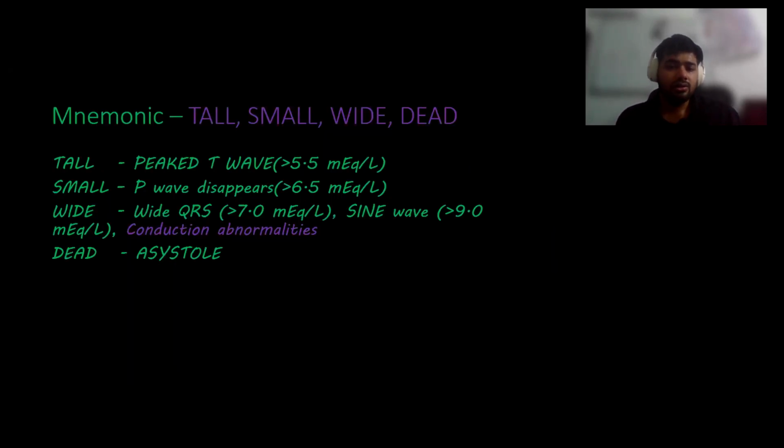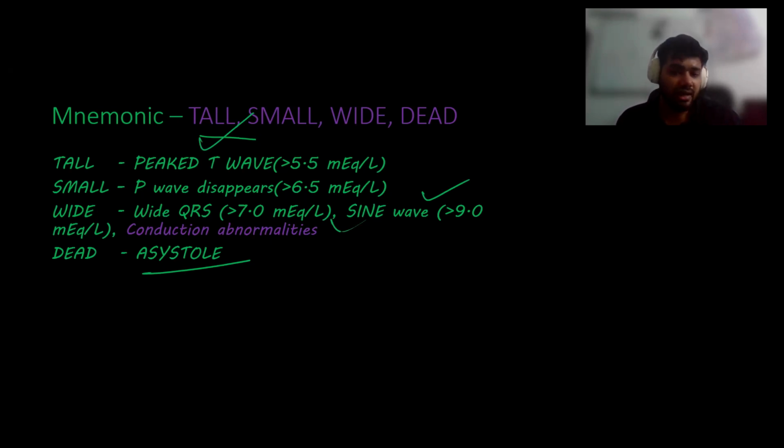Hence, hyperkalemia can cause both brady and tachyarrhythmias. So I have a mnemonic for this: tall, small, wide, and dead. Tall T wave, small P wave, wide QRS complex as well as conduction abnormalities, sine wave, and death, which is asystole. So more than 5.5 will cause peaked T waves. At more than 6.5, P wave disappears, PR interval prolongs.